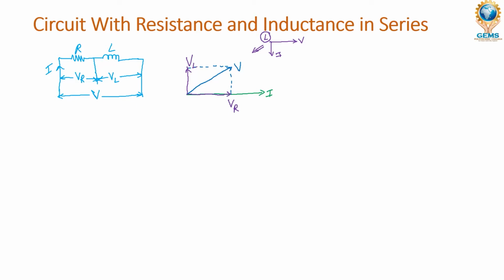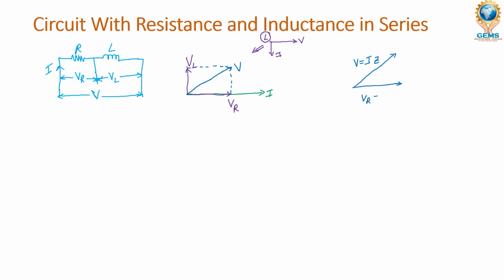For this we can draw an impedance triangle, that is, the voltage is like this. V equals I into Z, and down this is the VR.